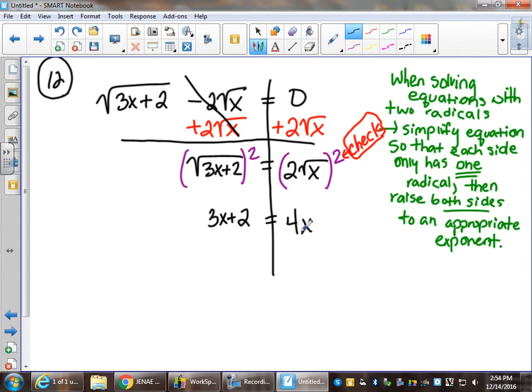I choose to keep x's positive, so I will subtract 3x. X equals 2. Notice your little note. We need to check this answer to make sure it's not extraneous. So check.